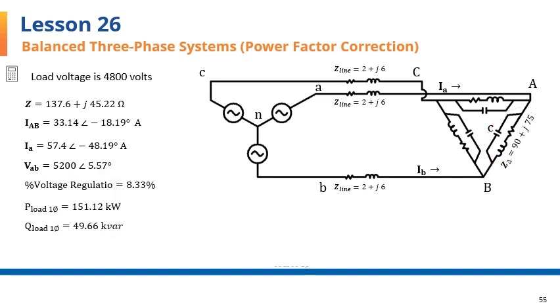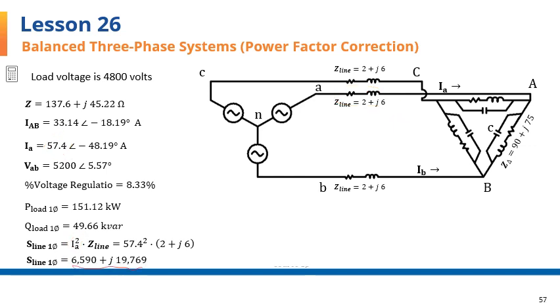Next, power loss in one of the three connecting lines will be calculated. Let's say for this line, phase A, we take the magnitude of the current that was found earlier, 57.4, square it, times the Z for the line, and that resulted in this complex power.